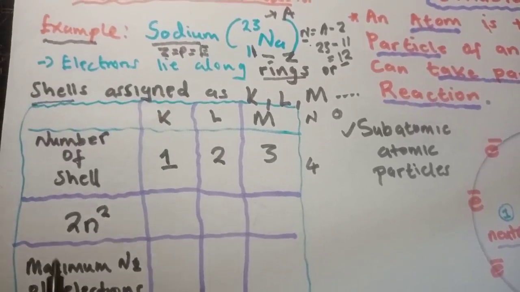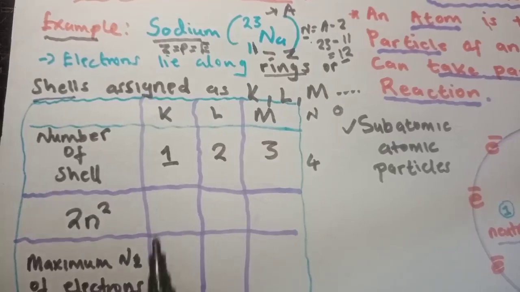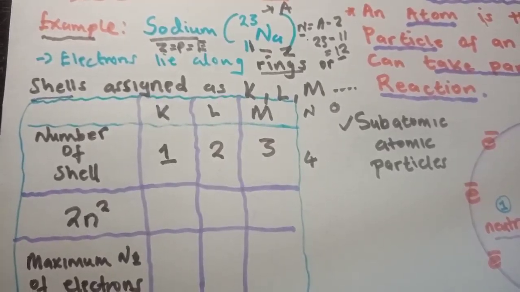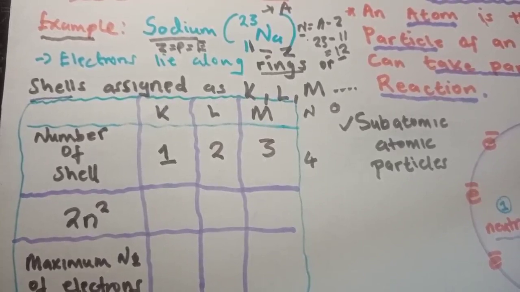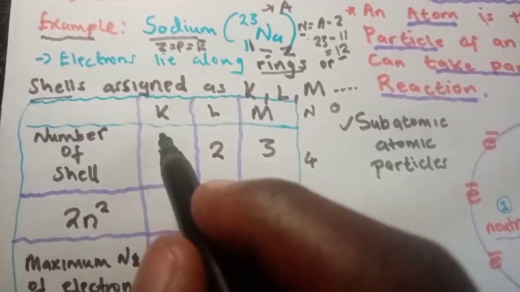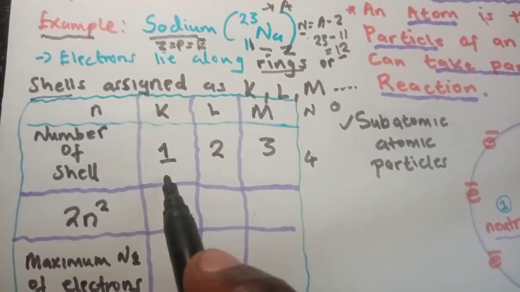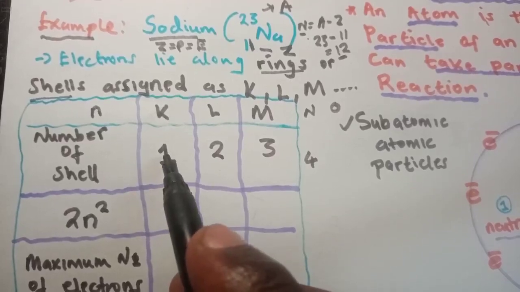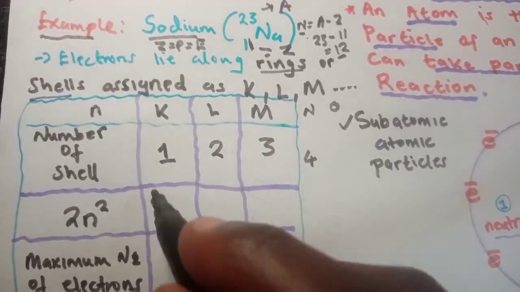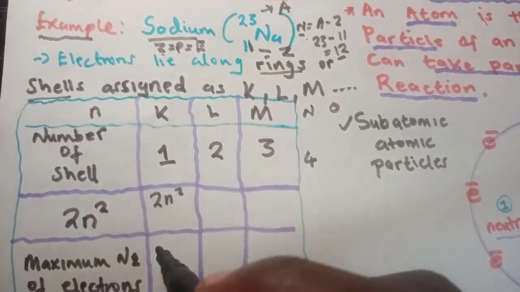This is the formula we use to find out how many electrons can occupy a shell. The first shell is 1, so this is our n number. In the first shell, shell number 1, to find the number of electrons you simply use the formula 2n squared.